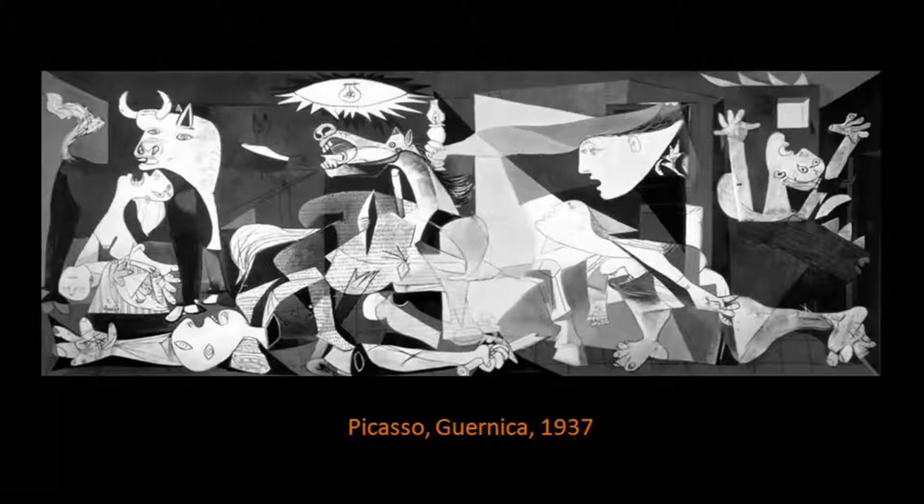To the extent that when in 1937 Picasso painted his famous Guernica as a response to the very brutal incident that happened in Guernica, because the Spanish fascist rulers bombarded a small little place in Guernica, this was Picasso's response.